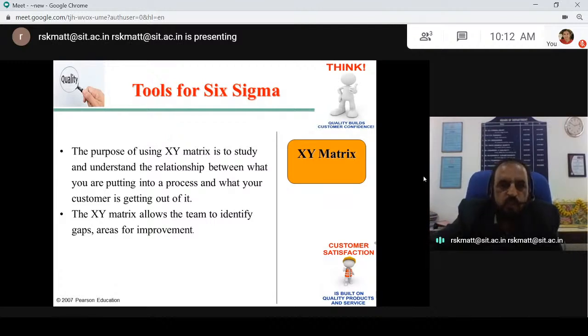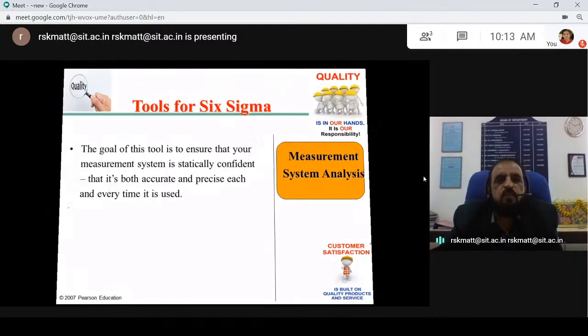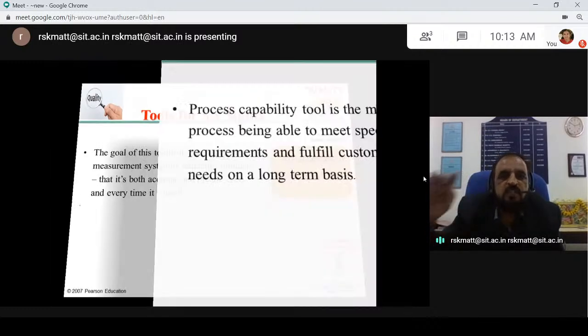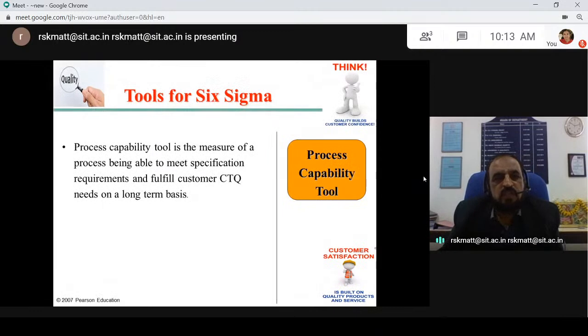It is used to identify the gaps and areas for improvement. In measurement system analysis, the goal is to ensure that our measurement system is statistically reliable and accurate, so that we get the correct data. And the process capability tool measures whether the process is able to meet the specification requirements and fulfill the customer CTQs.